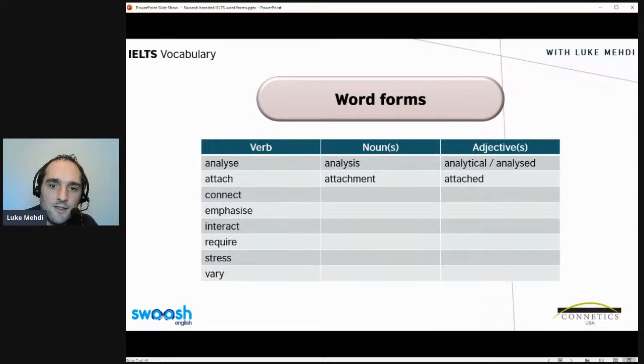Yeah, so lots of these adjectives can be made with ed or ing. That is absolutely correct, Shyama. Yeah, the attaching person, the person who attached it to the email. Yeah, the attaching party. You could describe that. Yeah, good, Ella. So next we've got connection and connected or connecting.